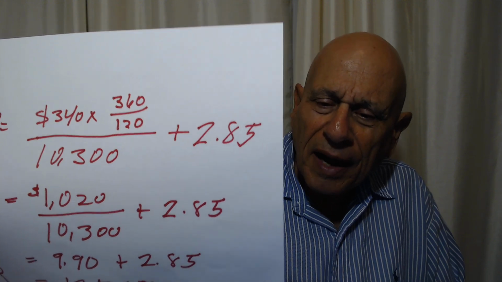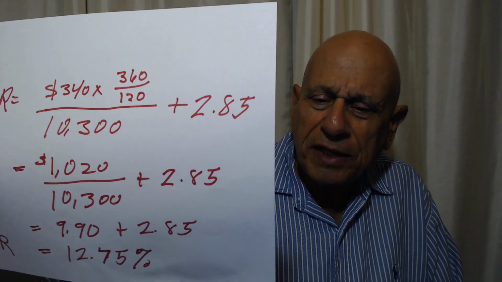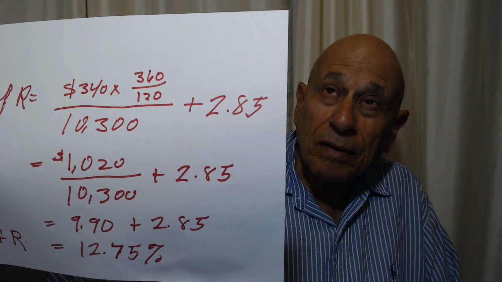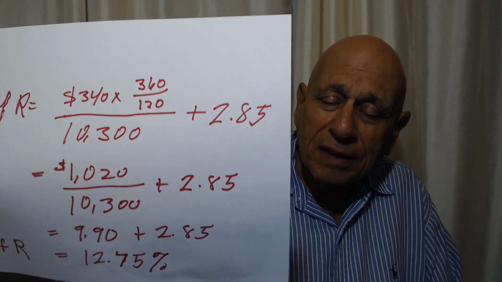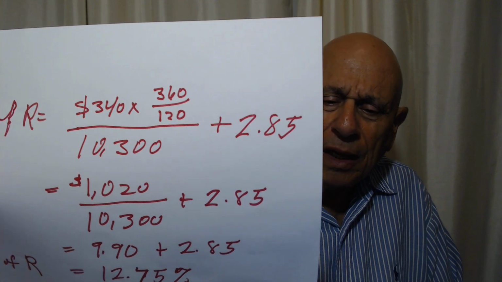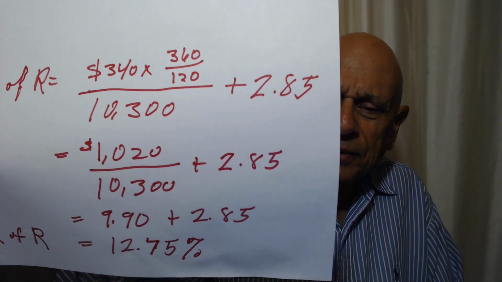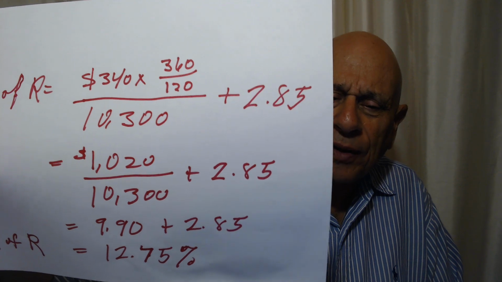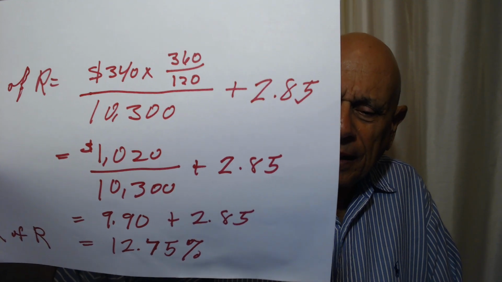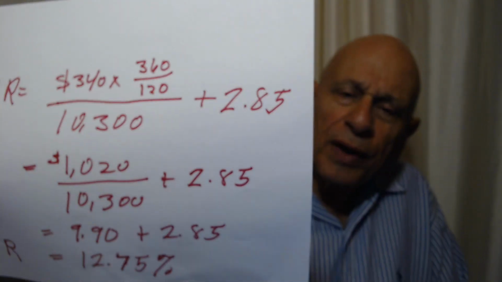Now that could be higher because the dividend changes month to month. But as of this date, May 31st, 2023, it's 2.85%. So let's go through the math. 3 times 340 is $1,020 divided by 10,300, plus 2.85%.